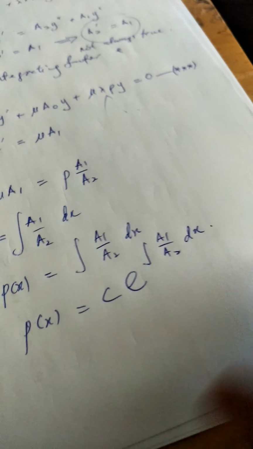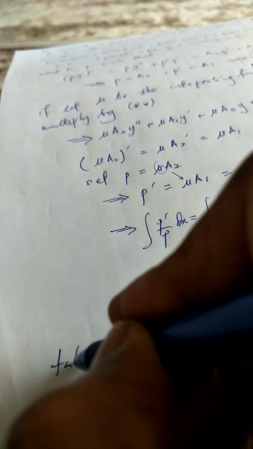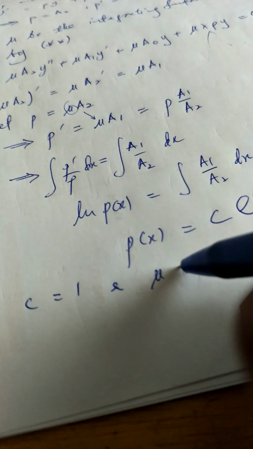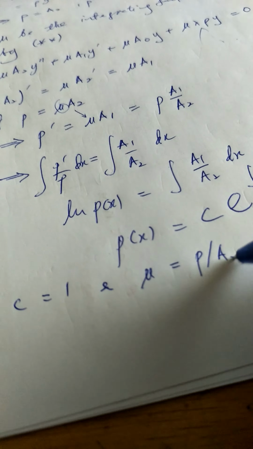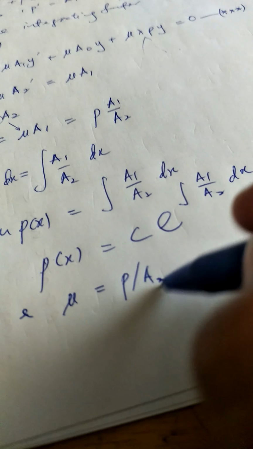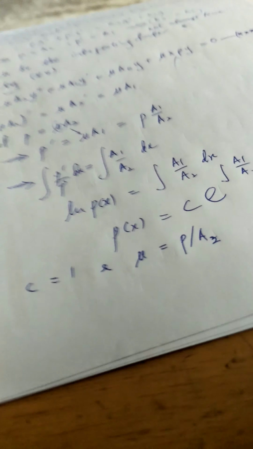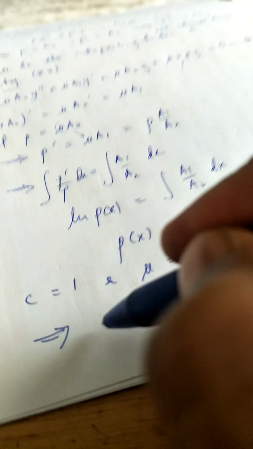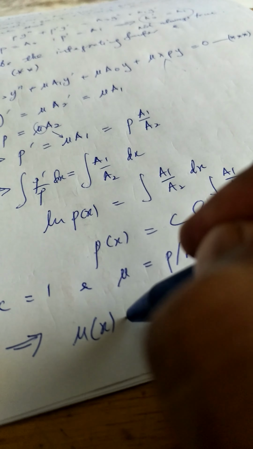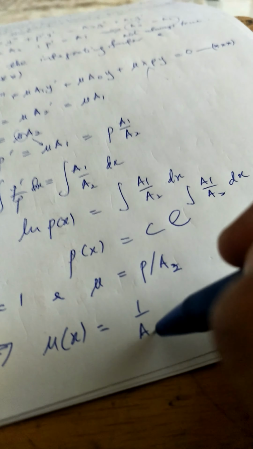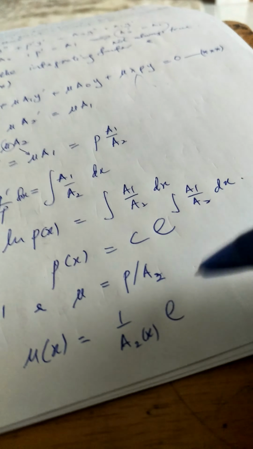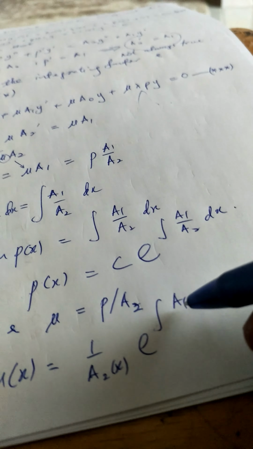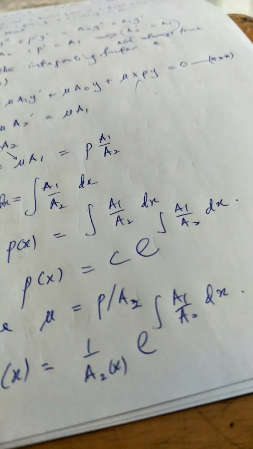Now if we take C equal to 1, and nu as P over A2, then nu of x is equal to 1 over A2 of x times e to the integral of A1 over A2 dx.